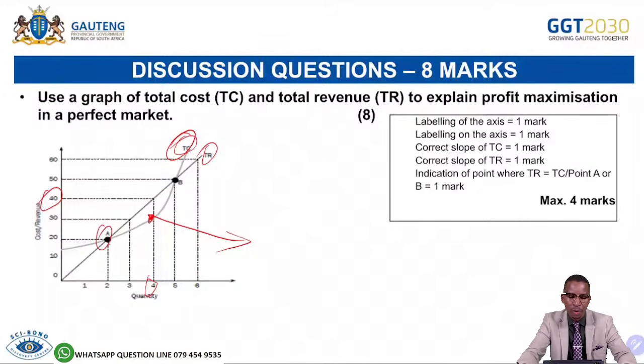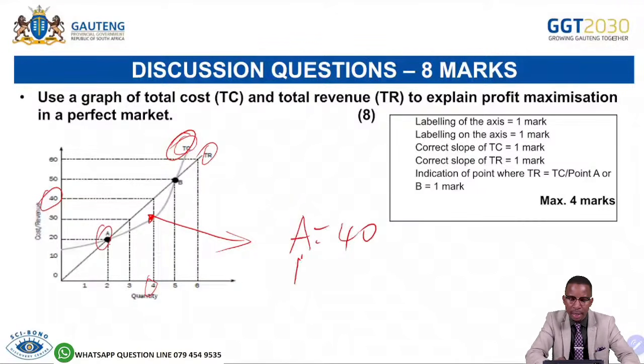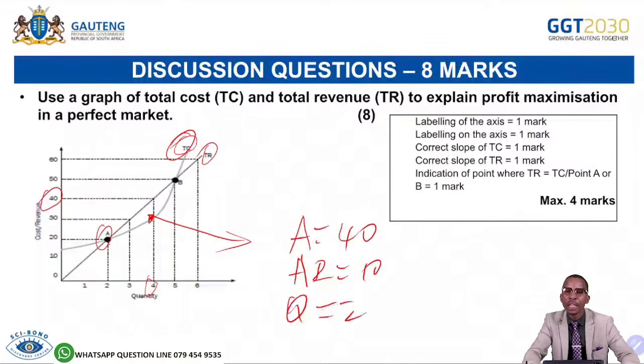And then they can also say, given the information above, AC is 40, AR is 10, and the output quantity equals 2. Calculate the profit or loss, show all calculations.